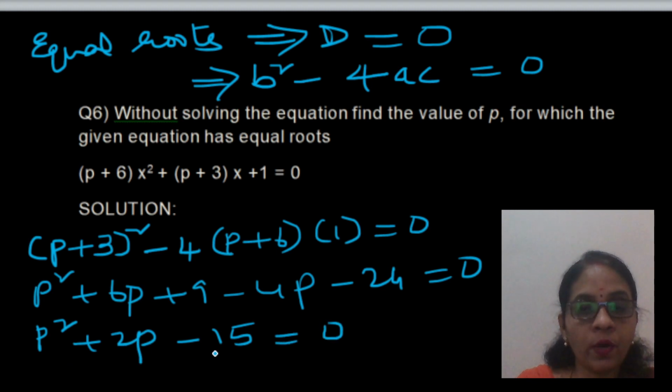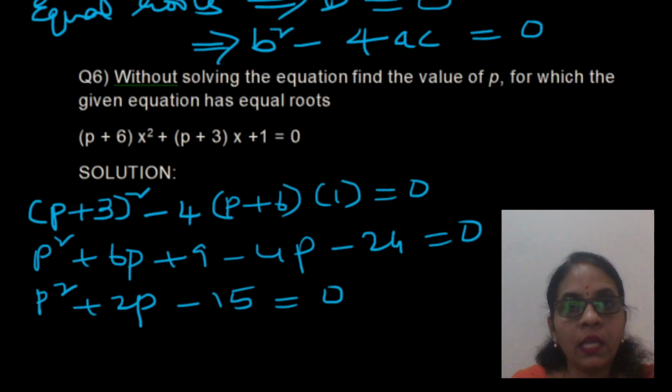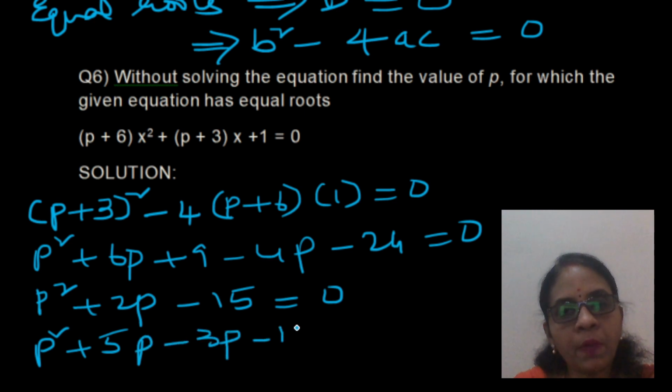Again, here you have a quadratic equation. Simple quadratic equation, product is minus 15. If you factorize it, it will be p square plus 5p minus 3p minus 15 is equal to 0.